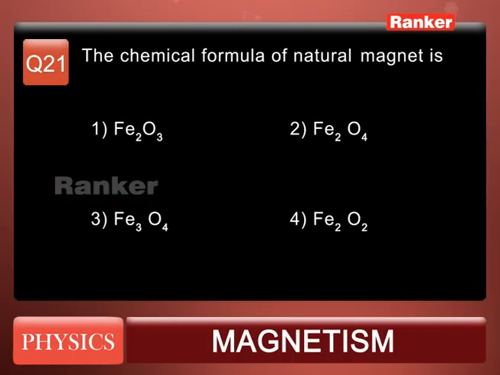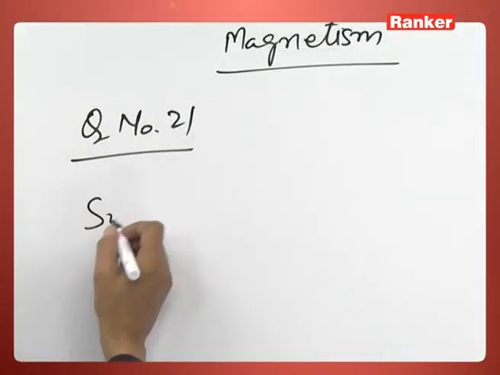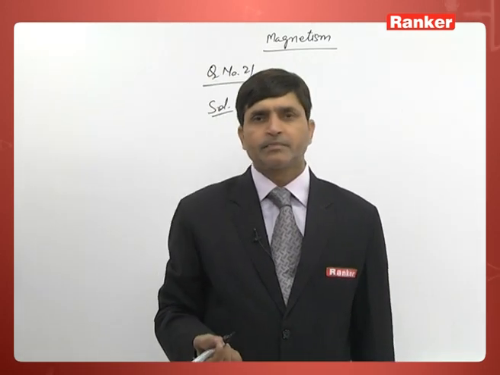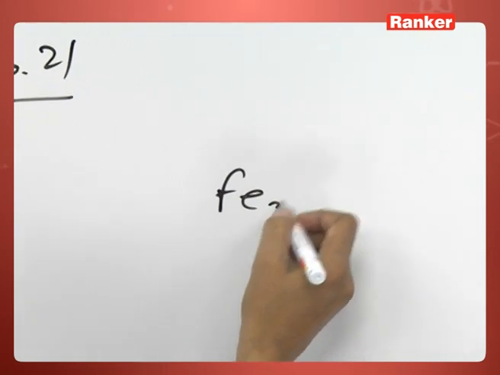Question number 21. The chemical formula of a natural magnet is: first option Fe2O3, second option Fe2O4, third option Fe3O4, and the fourth option Fe2O2. This question is directly based on memory, so option number 3, Fe3O4, is the correct option.